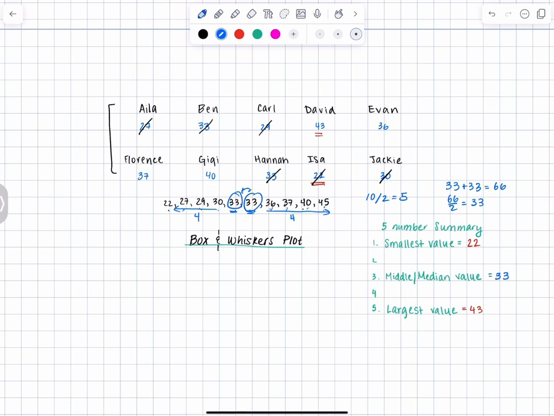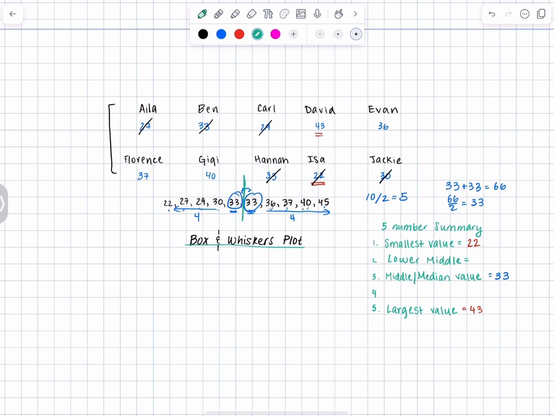Great. So now moving on to our second part of the 5-number summary, which is the lower middle. The lower middle represents the lower half.